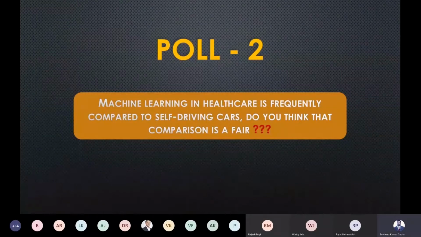Do you think it's like going for self-driving mode when we use a clinical decision support system? Can we replace the doctor, right? Using maybe robotics, using robots and all. Is it possible, do you think, up to that extent we can go? Or can we take that much risk? Maybe I'll pause for a while and then I'll continue. Meanwhile, you can type your response in the chat box.